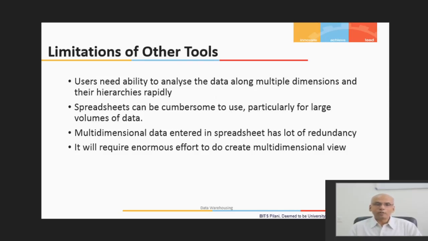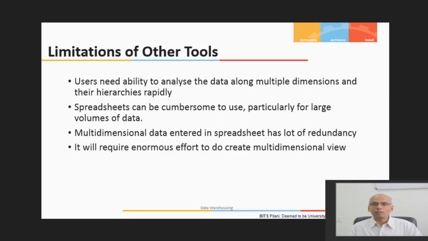The spreadsheets have been very popular with the business community and particularly with business analysts. But the spreadsheets are not very helpful when you have huge data. Let's say a large retail chain may want to analyze 1 billion transactions. So it is way beyond the capability of an Excel spreadsheet, or any spreadsheet for that matter.